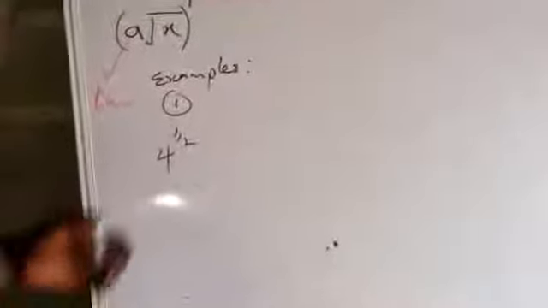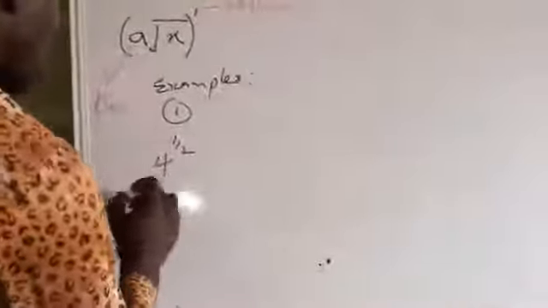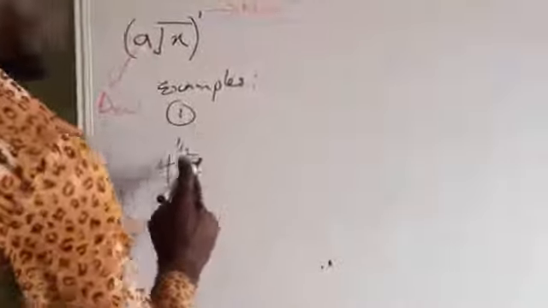Example number 1. If I am having 4 raised to power 1 over 2. At this junction, we are to solve this. What is my denominator of the power? The denominator of the power is 2.